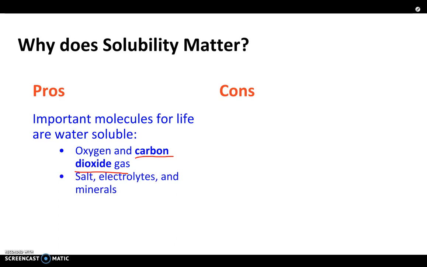Salt, other electrolytes and minerals are water soluble. These are essential for us to survive. If you don't have enough salt and electrolytes, you're not going to do well, as per the development of Gatorade for athletes to replenish those electrolytes and minerals. And of course, sugars, also in Gatorade, are very important for life, and those are water soluble as well.